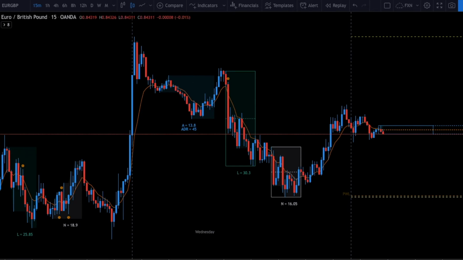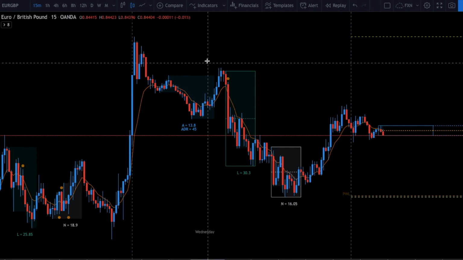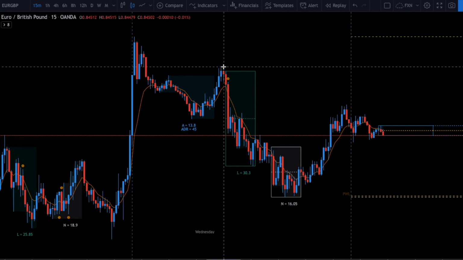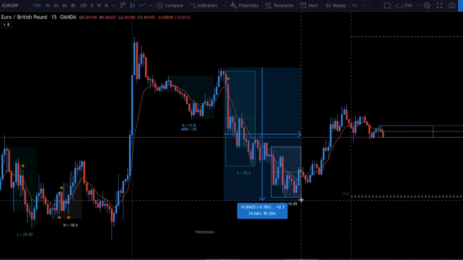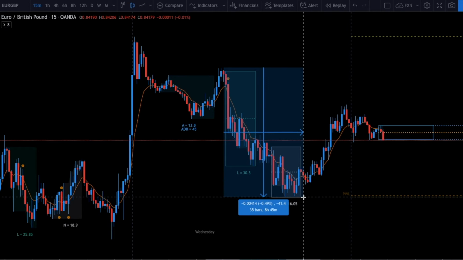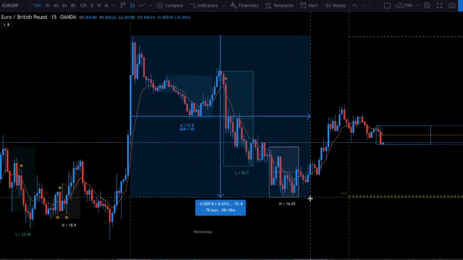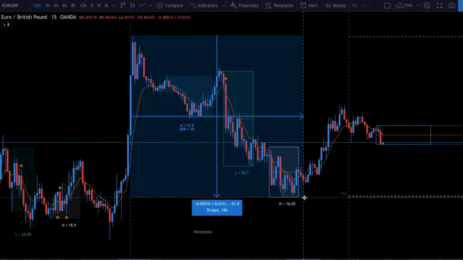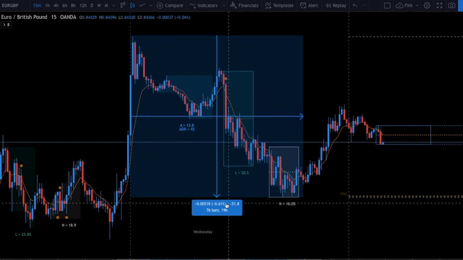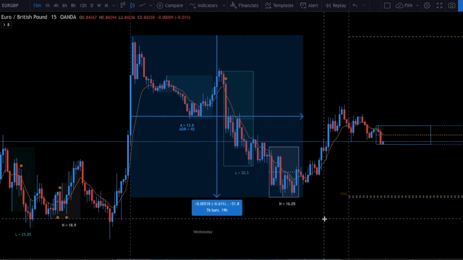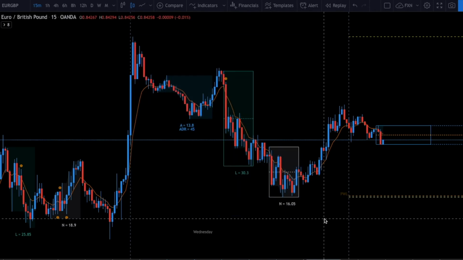If we take our little ruler here and measure from the top to the bottom, it is about 41 pips. And if you take it from the very beginning of the day, all the way up here, all the way to the bottom, you'll see it's about 51 pips or so that it moved today. So how can you use this to help you make better trading decisions?